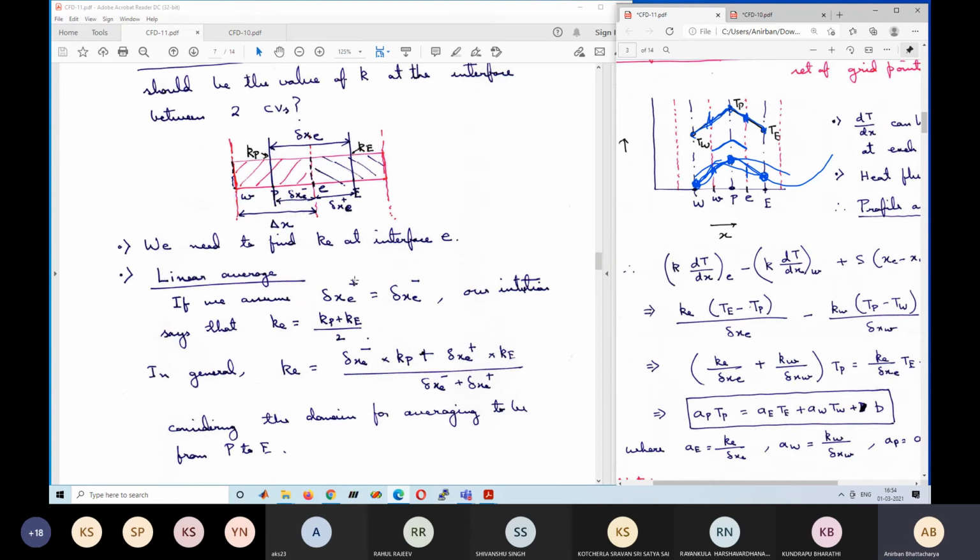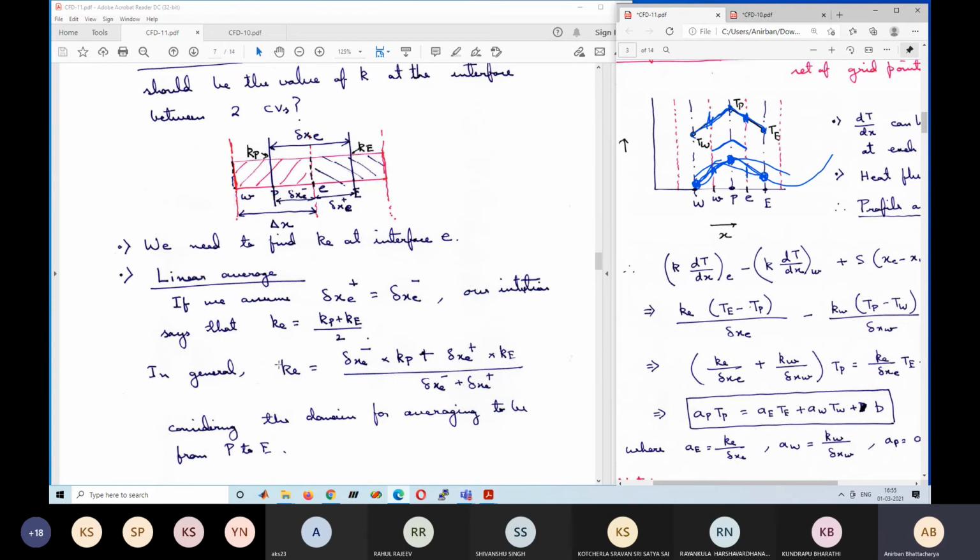If we assume that delta xe plus is equal to delta xe minus, our intuition says that K is equal to (Kp plus Ke) by 2. In general, if we consider this block going from capital P to capital E, the material P contributes delta xe minus times Kp, and the material E contributes delta xe plus times Ke, divided by the entire length delta xe minus plus delta xe plus.